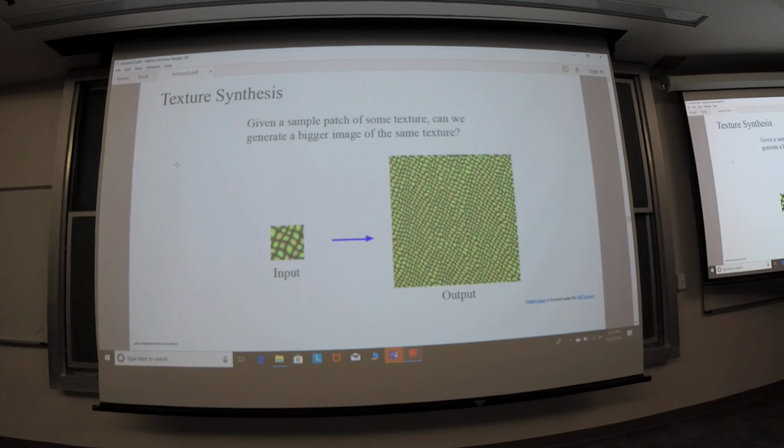Okay, getting into the last part of our lecture, that is texture synthesis. Texture synthesis is, given this small input block for the texture, we would like to generate an image which is pretty much filled up with this type of information all across.